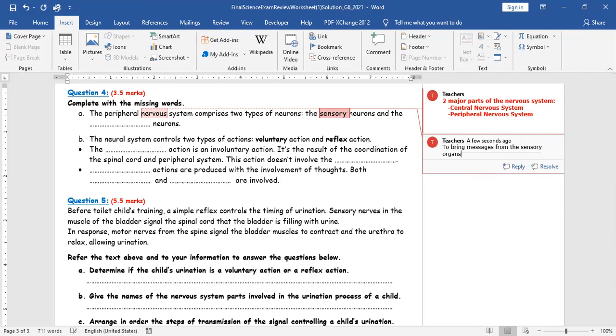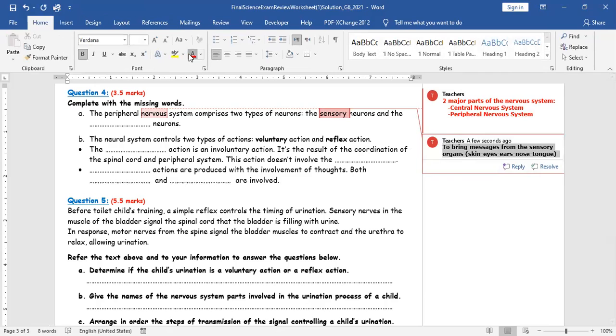We have 5 sensory organs: skin, eyes, ears, nose, tongue. So to bring them to the central nervous system.